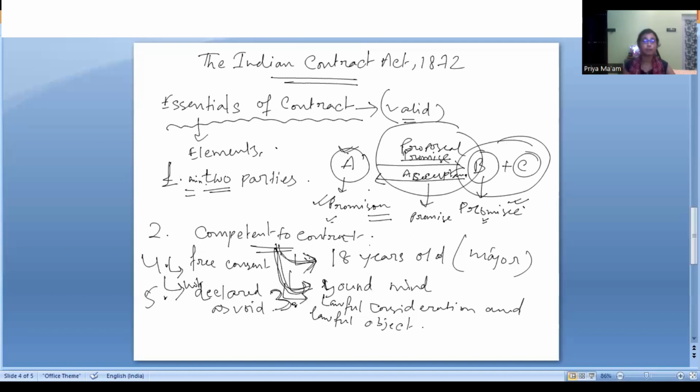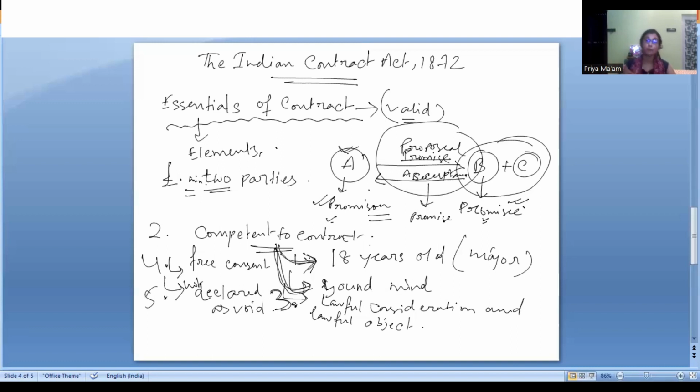The fourth one is free from all external forces. And the fifth one is that the contract or agreement, from the starting, is not declared by the law as void. If the agreement from the starting is valid, we will move forward to check the other essentials, whether it is a valid contract or not.